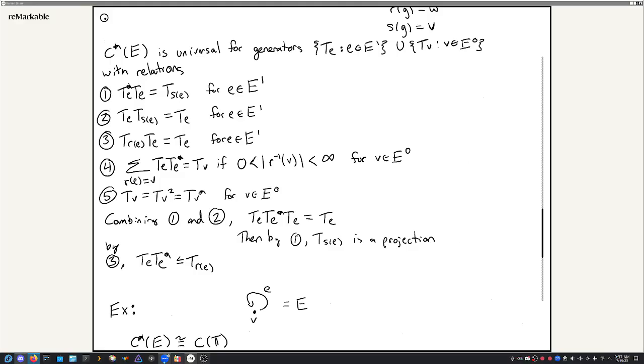If you do that with relation 1, the z and z bar will cancel. So relation 1 is still satisfied. Likewise, relation 2 is still satisfied. Relation 3 as well. Relation 4, again, the z and z bar will cancel. And then relation 5 doesn't matter since we're not changing the t sub v's.